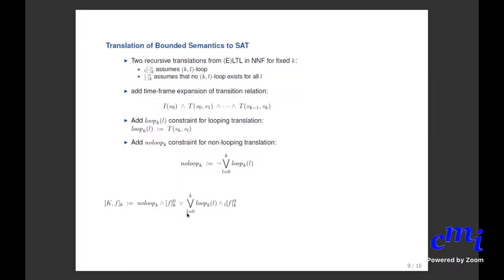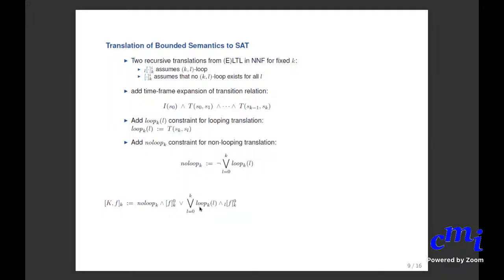So for L, start iterating from 0 to K, and generate the translation. This is actually a disjunction of a conjunction of formulas, where each conjunct represents a case for one lasso, for LK, where L can range from 0 to K. So this is a nested formula.